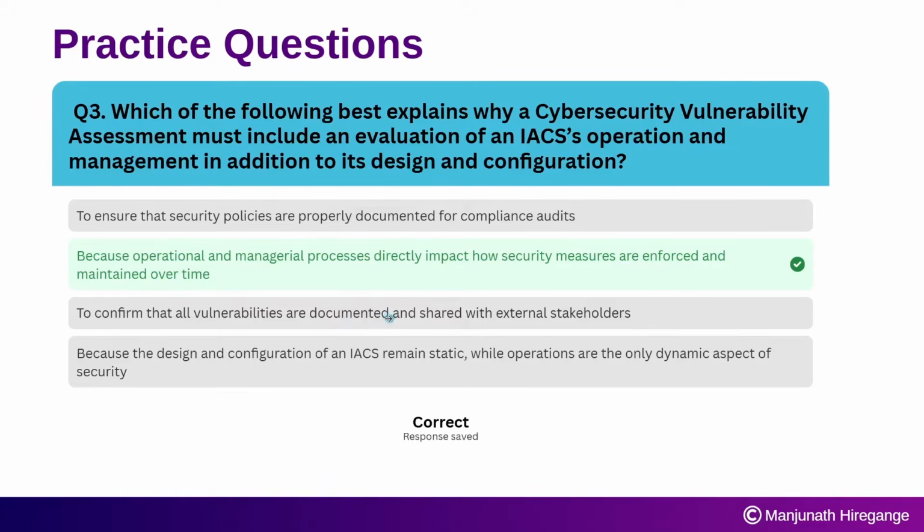And the vulnerability documentation is for internal improvement, not just external sharing. And the last one, both design and operation change, making security management essential. So here we are talking about static versus dynamic operations, right? Hence the correct answer is B.